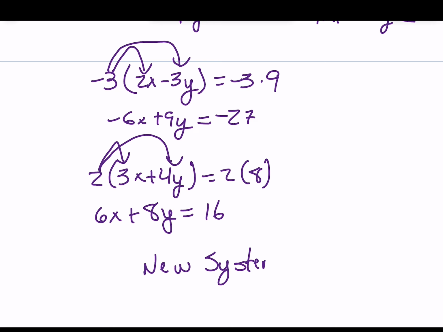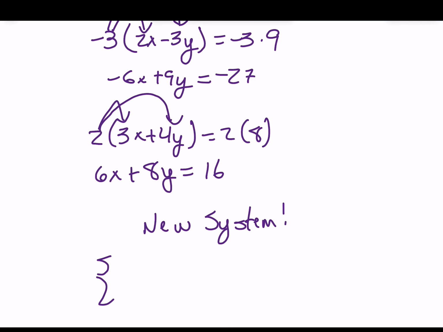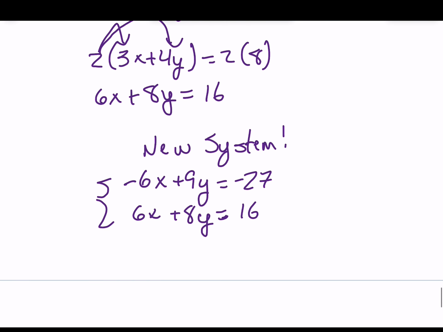So we have a new system. Our new system is negative 6x plus 9y is equal to negative 27, and 6x plus 8y is equal to 16.